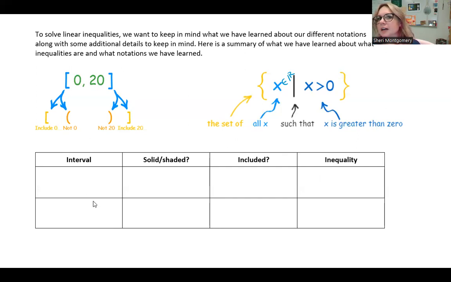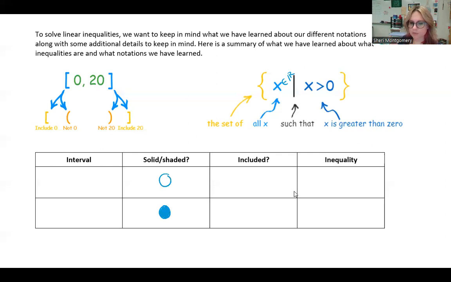Down here, we're going to fill out this table, and we're going to fill it out on some things that we already know and kind of build on it. So what we already know is that when we were making our intervals, we looked at that circle, and sometimes the circle was open and sometimes the circle was shaded.